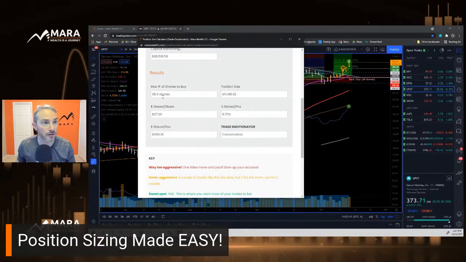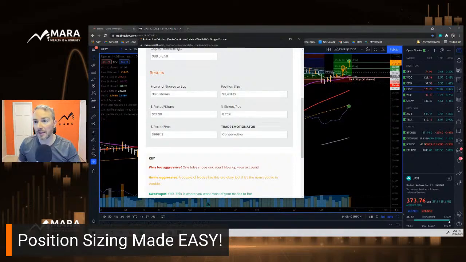If not, in this case, I would round up to 37, or to have a round number, like 35, something that's easier to remember and easier to scale out. Maybe I'm rounding to 36, maybe rounding down to 35. Pick what you want. It's letting you know how much you'll be getting, and the position size, how much of your capital would be at risk.